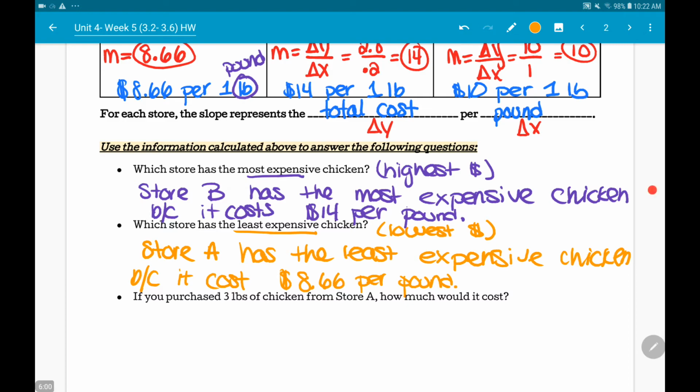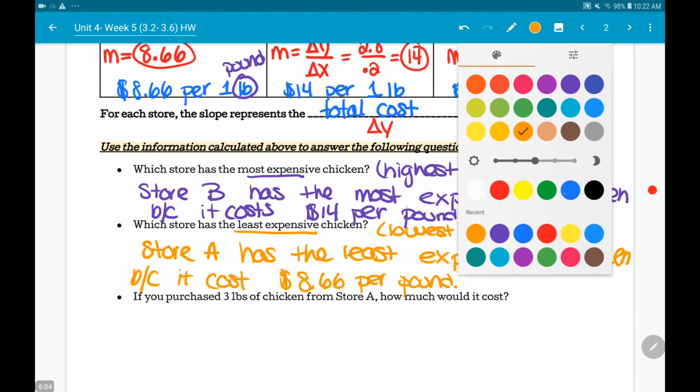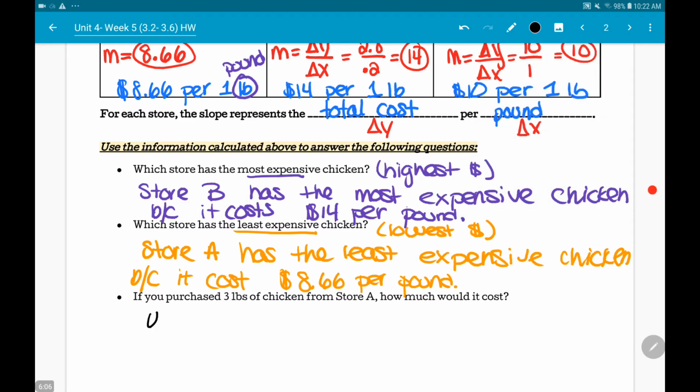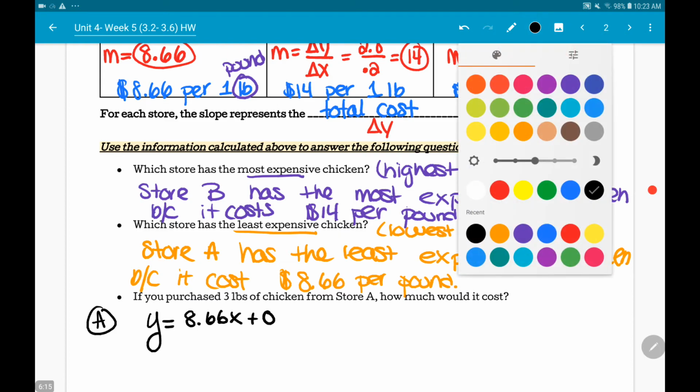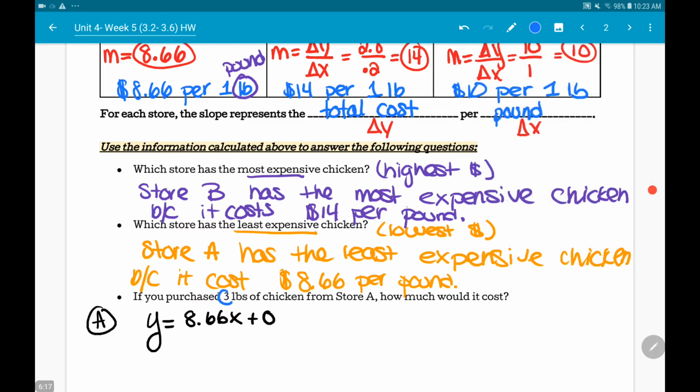Okay, if you purchase 3 pounds of chicken from store A, how much would it cost? So, if I was given an equation for store A, it was 8.66x plus 0, and I'm talking about 3 pounds of chicken. Was my pounds x or y? Pounds is x, so that means x equals 3.